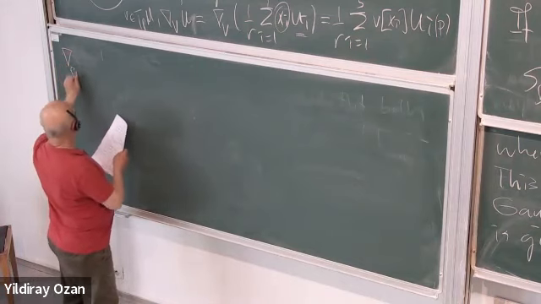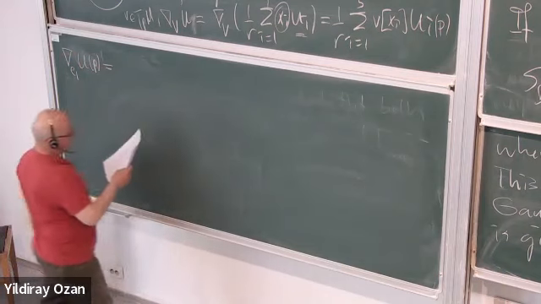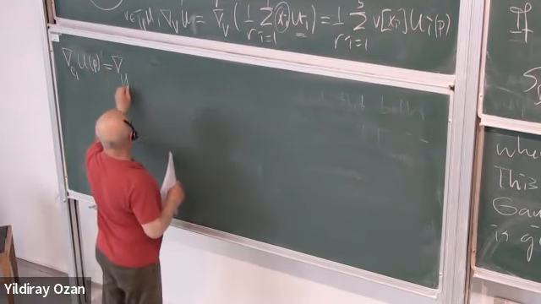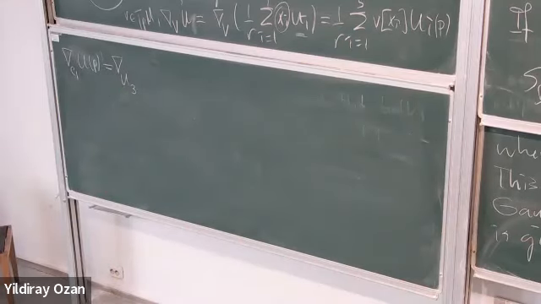Nabla E1 UP. So what is this? E1 is just U3, right?